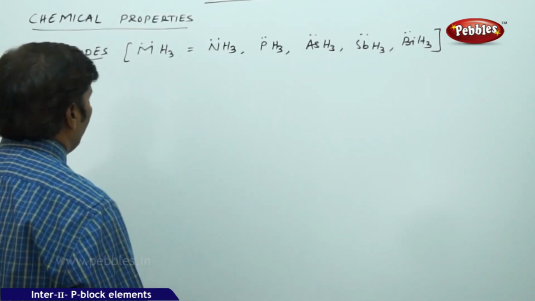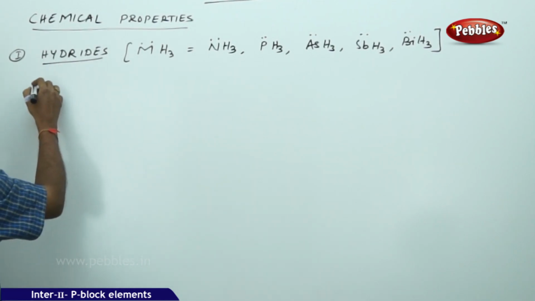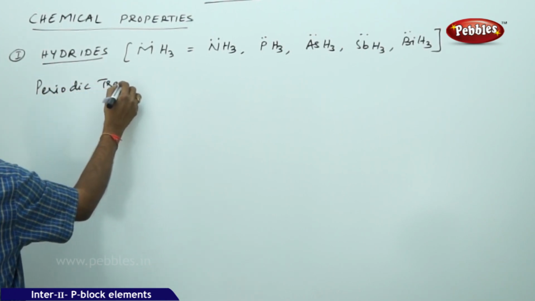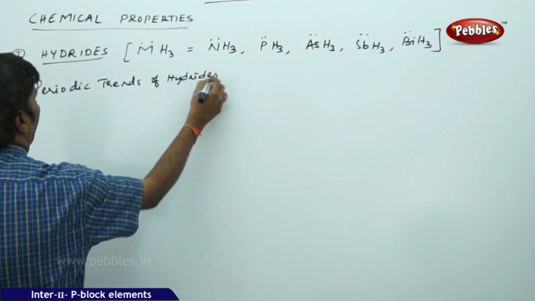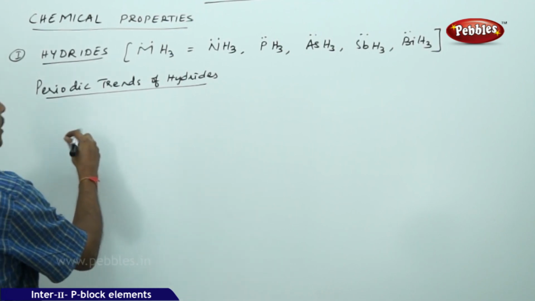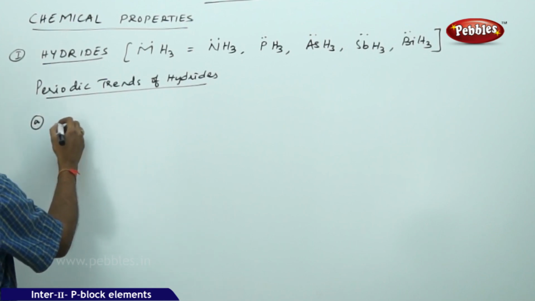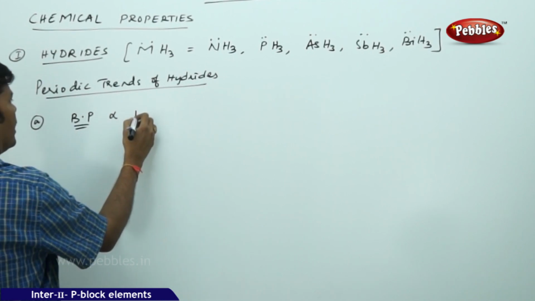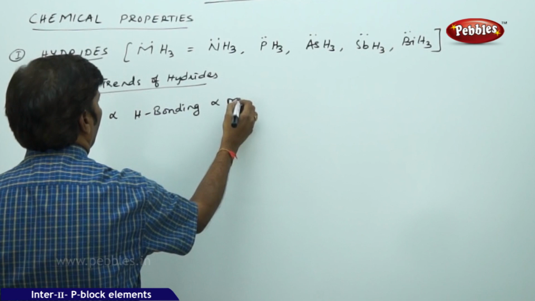Here what we need to understand are the periodic trends of hydrides, particularly in terms of melting point and boiling point. Usually boiling point is directly proportional to hydrogen bonding and directly proportional to molecular weight.